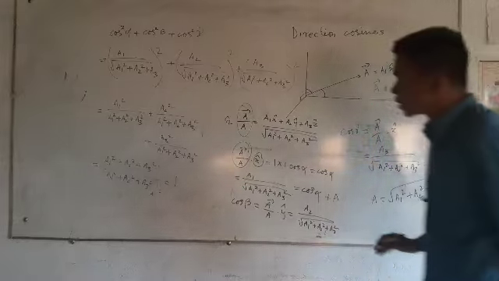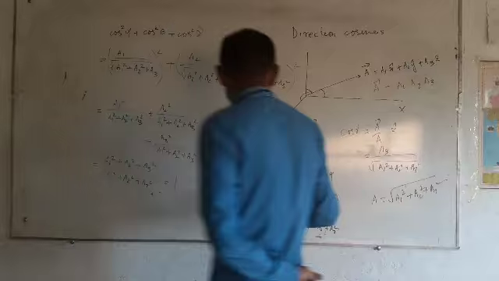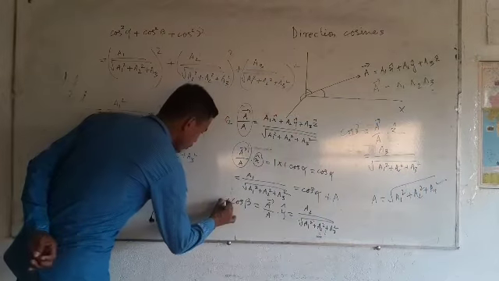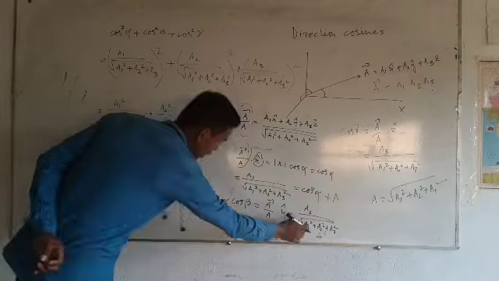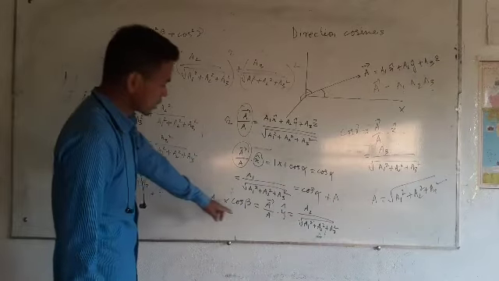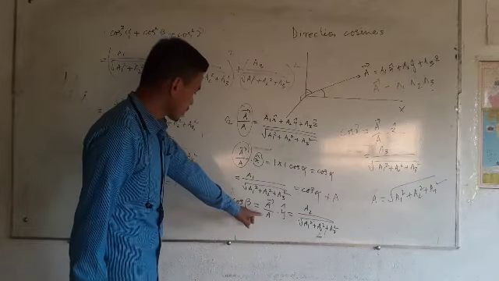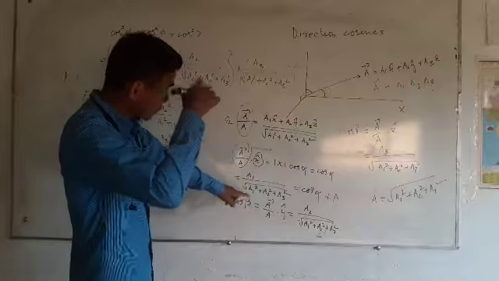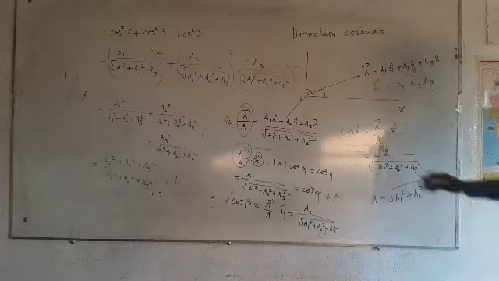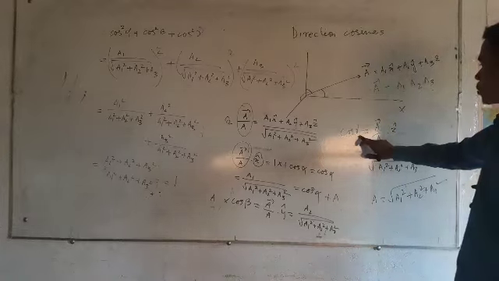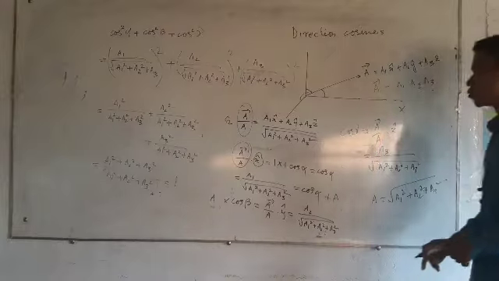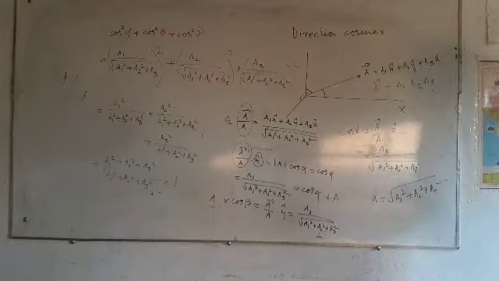This yields the direction ratio A2. And for A3, we multiply cos gamma with the same magnitude of the vector, root over A1 square plus A2 square plus A3 square.